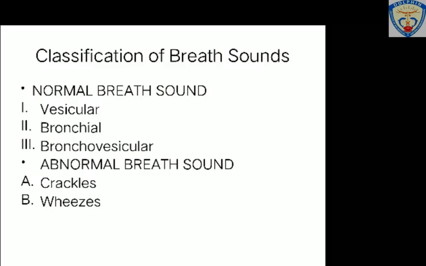Wheezes are continuous high or low pitched sounds or sometimes musical tones heard during exhalation but occasionally audible during inspiration. Bronchospasm or secretions that narrow the lumen of the airways cause the wheezing, especially at the time of asthma.